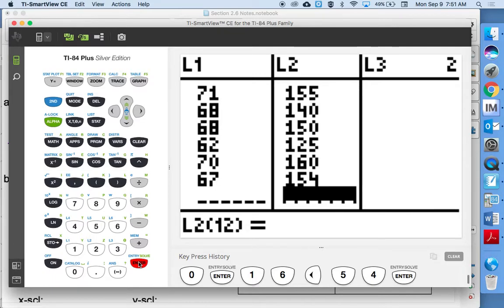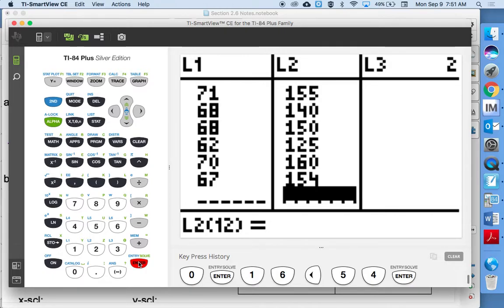So a couple of things, your last 2 values should line up together, so I shouldn't have more in one column and less in the other, because I have the same amount of data. If you do have that, then somewhere you missed a number, and it will not calculate it for you if you have more in one column than you do the other. And then again, just make sure that your numbers are correct, especially my numbers.